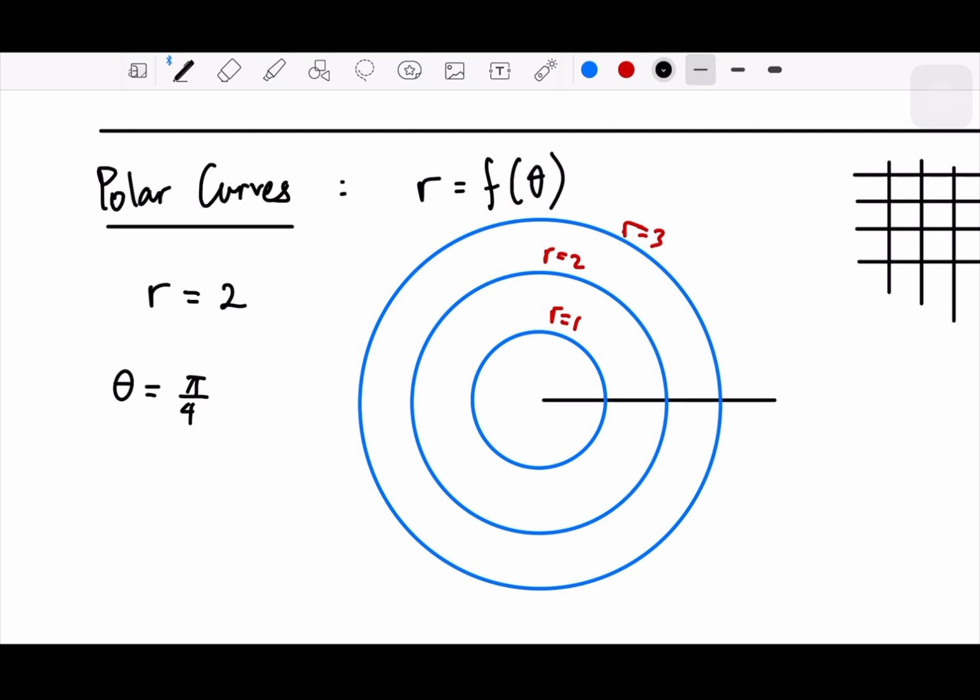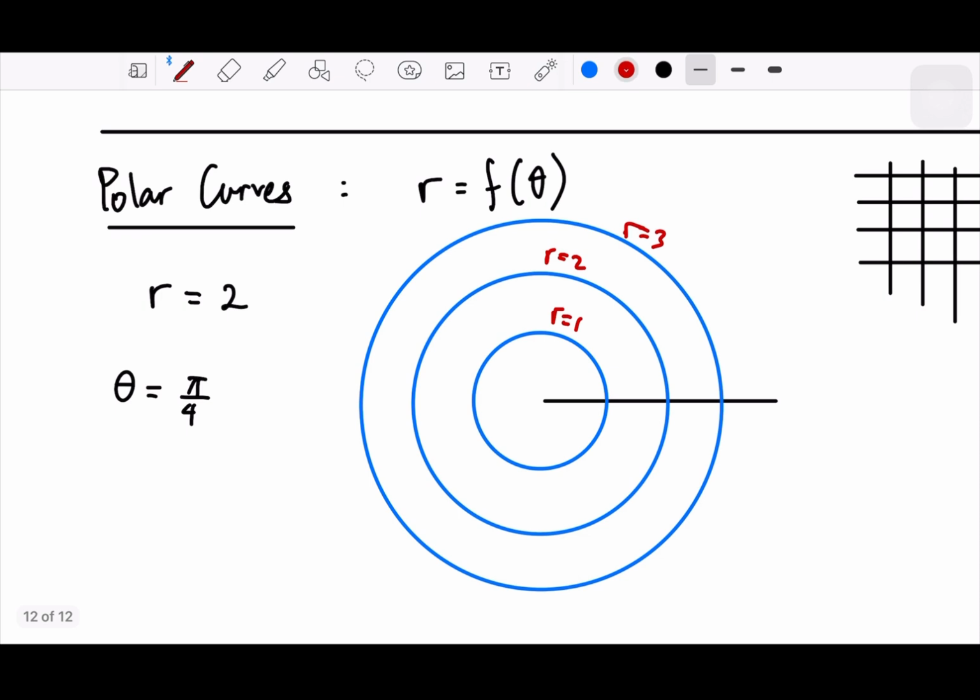There will be a line, one single line, maybe here. These two examples are the simplest that we can imagine in polar.